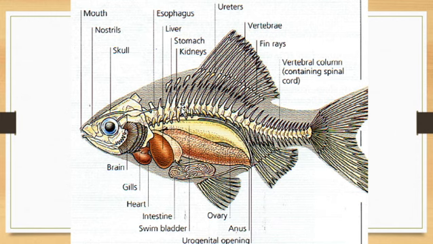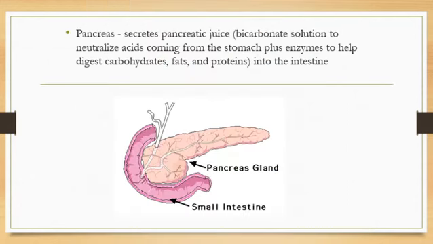So fishes already have the intestine. This is the intestine. This is the liver of the fish, a short esophagus, then the stomach, pancreas. The pancreas secretes pancreatic juice. It is a bicarbonate solution to neutralize acid.